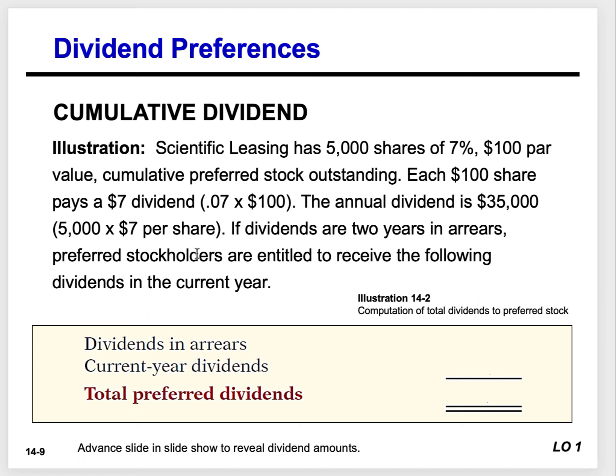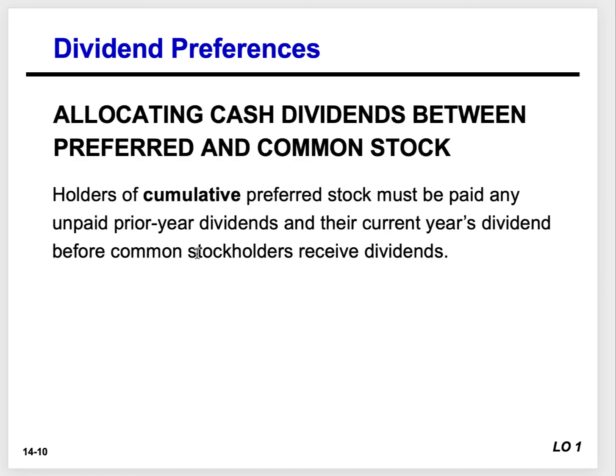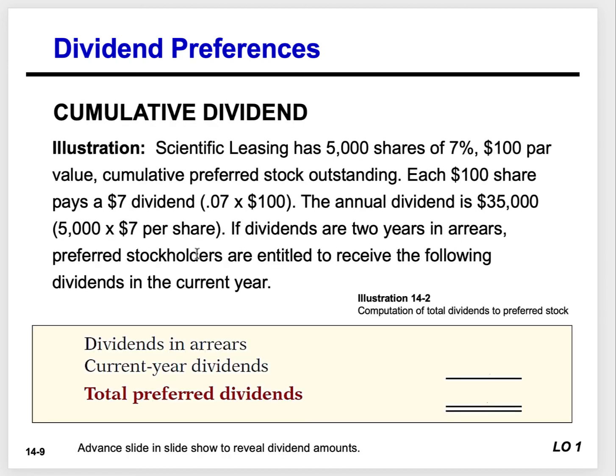Now, if dividends are 2 years in arrears, preferred stockholders are entitled to receive the following dividends in the current year. Not a problem. How do we figure that out? We have to calculate the dividends in arrears, plus we need to figure out the current year's dividends. So year 1, we should have gotten $35,000.